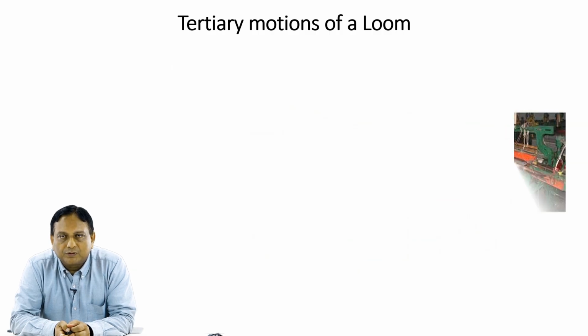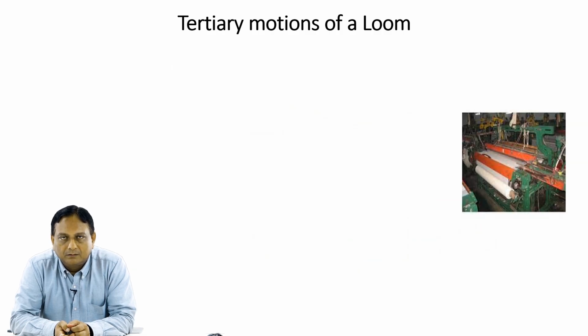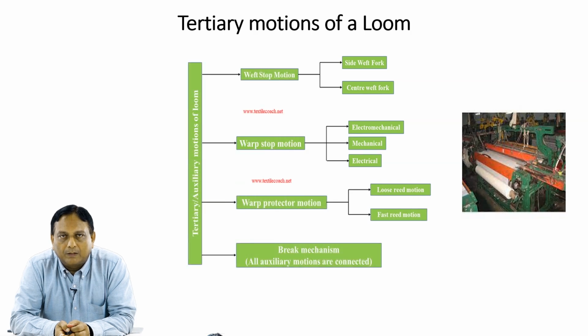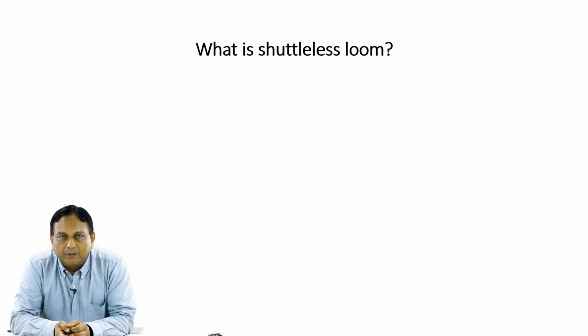Then the tertiary motions of a loom are also there. What are those tertiary motions of a loom? Like warp stop motions, then weft stop motions, and in this fashion some brake mechanisms. So those are all coming under the tertiary motions of a loom. Now let us see what we mean by the shuttle-less loom.